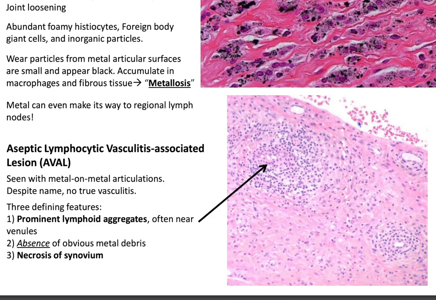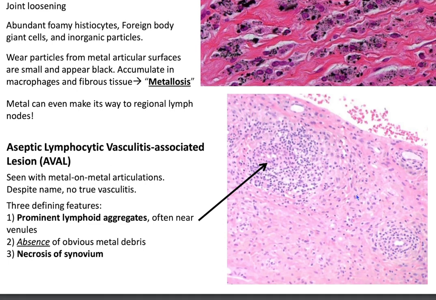Because in vasculitis, you would see fibrinoid necrosis, extravasated reds, karyorrhectic debris, lymphoplasmacytic infiltrate, but there's no fibrinoid necrosis or karyorrhectic debris here. The three defining features are prominent lymphoid aggregates, often near venules, absence of obvious metal debris, and necrosis of synovium.